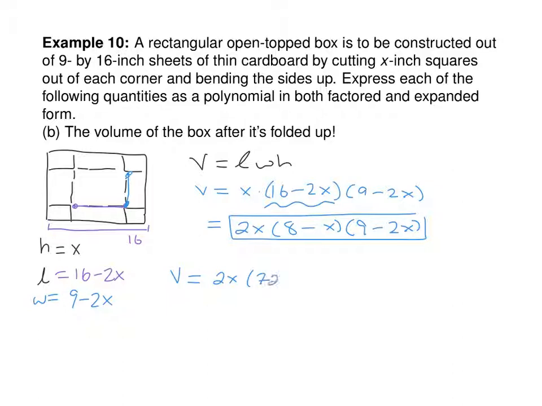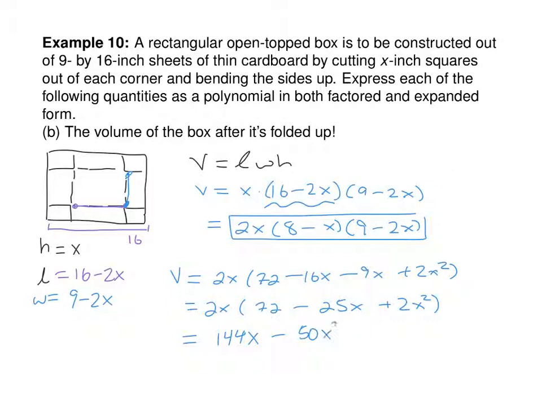That is 72 minus 16x minus 9x plus 2x squared, or 2x times 72 minus 25x plus 2x squared, or 144x minus 50x squared plus 4x cubed. So that's the volume in expanded form.